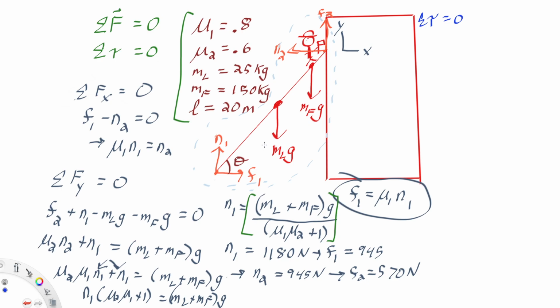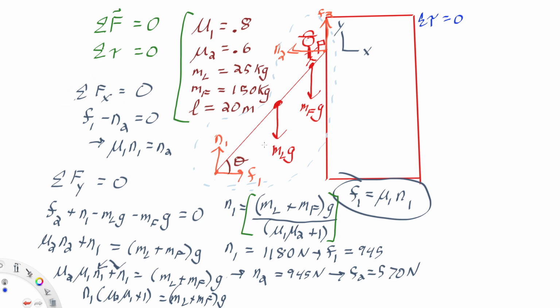The point of choosing your axis at the bottom is that if you choose the point of rotation at the bottom, N1 and F1 provide no torque because they are at the axis of rotation. It's like pushing on the hinges. So if you choose your axis at the bottom, N1 and F1, no torque, and we just have to look at the torques of the other forces.